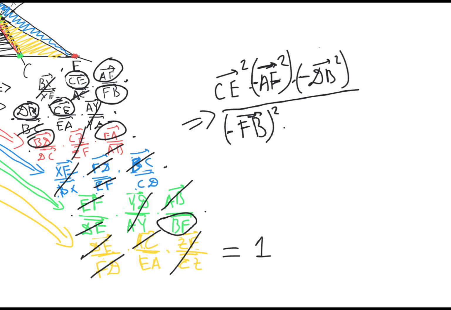Then we have DC and CD, so this would be equal to minus DC squared, here, of course, squared is inside.